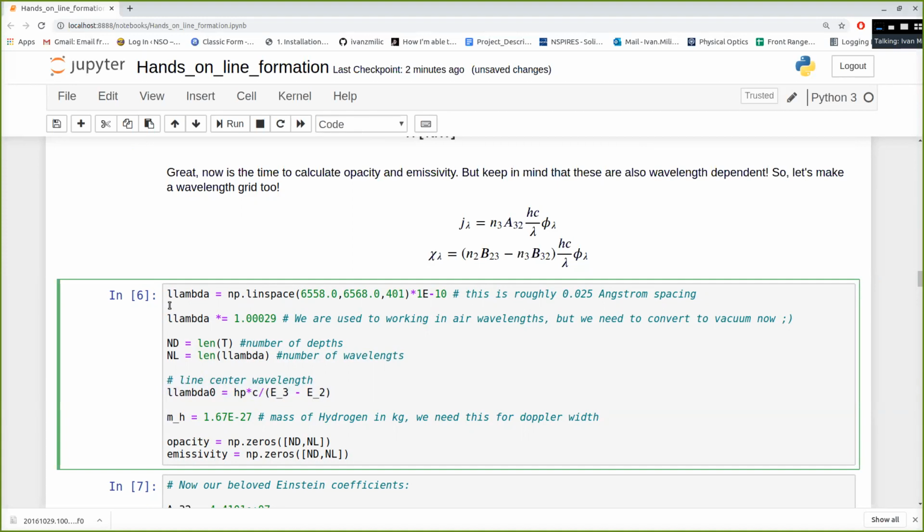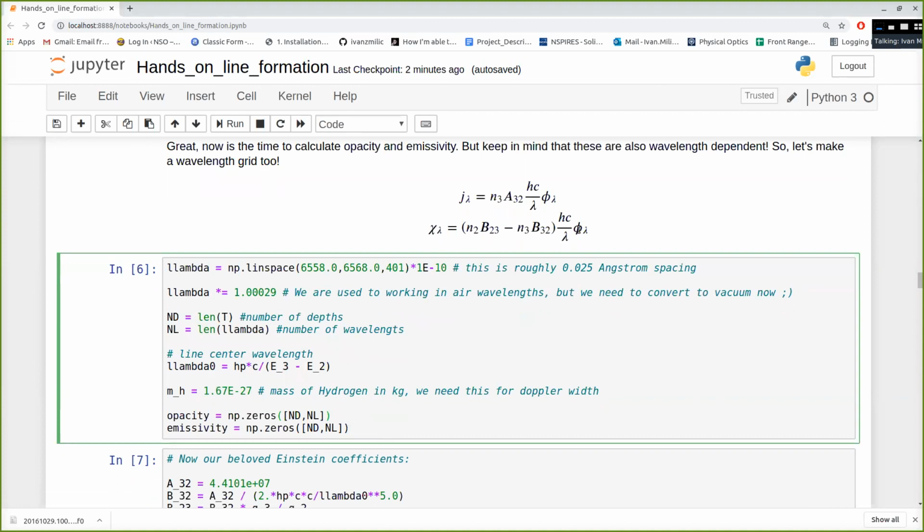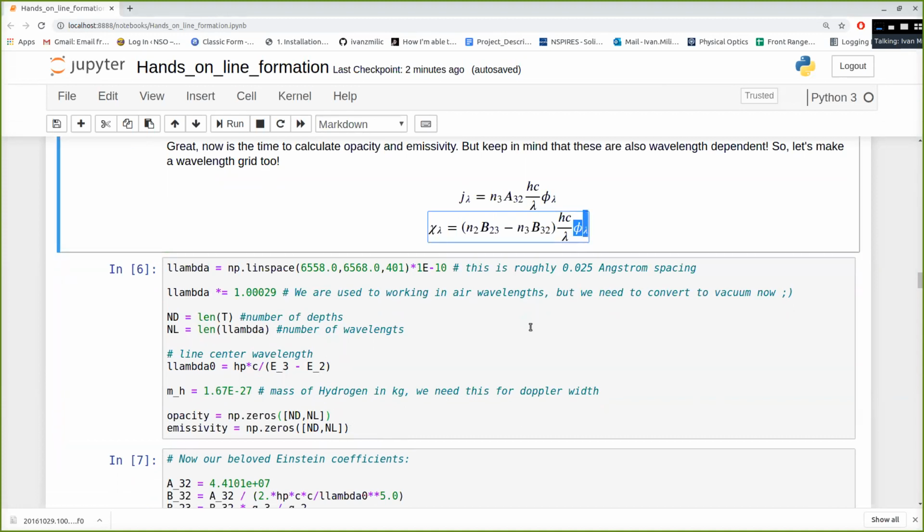So you remember that the shape of the spectral line here is determined by various kinds of broadenings, and so this phi lambda, we're going to try to take into account what we can today. We can't take into account much, but we'll try to do some things.